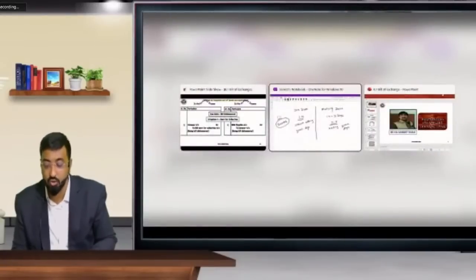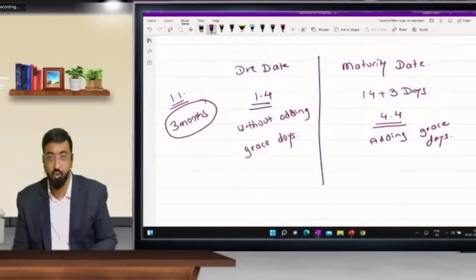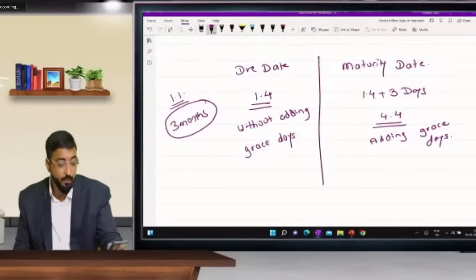Now we are going to solve some illustrations. So now it's time for illustrations. If you have any query related to these entries, you can ask me. Otherwise, ready for illustrations? Yes, beta.